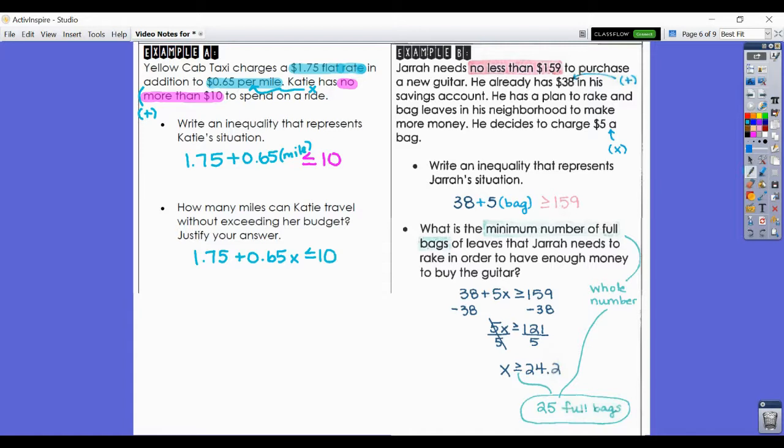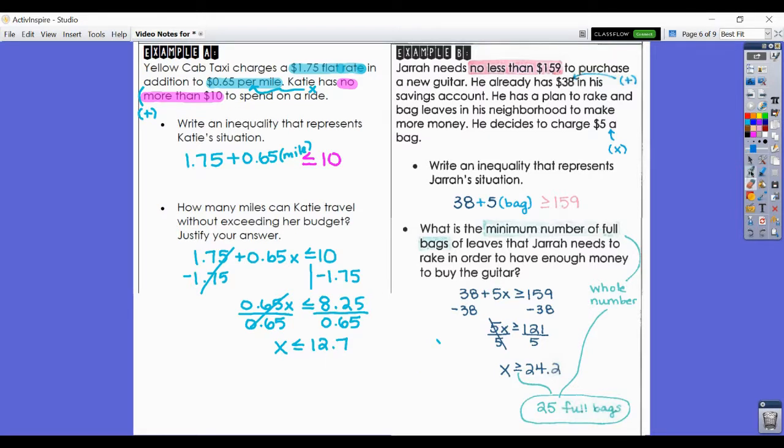We move over the 1.75 on each side, and that gets us 0.65x is less than or equal to 8.25. We divide 0.65 on each side, and we get our final answer to be x is less than or equal to 12.7.